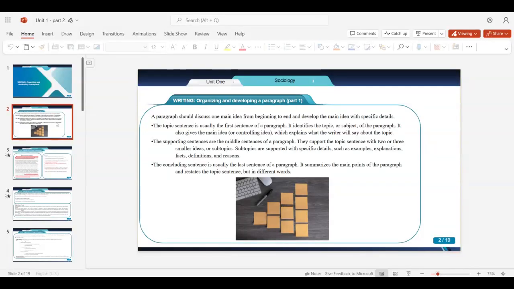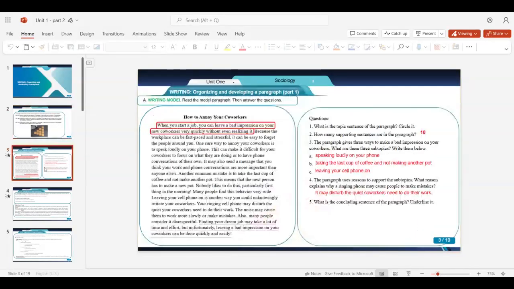Now here we have the model writing. Read the model paragraph and answer the questions. In the previous lecture, I explained in detail how to annoy your coworkers, and hopefully you got it.